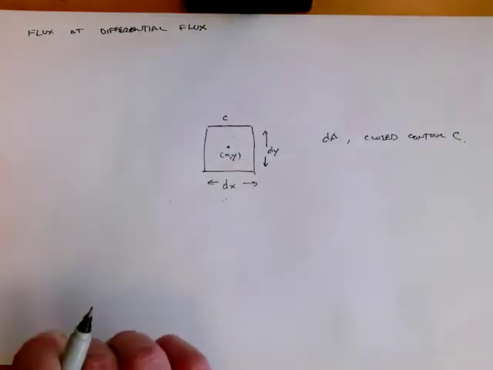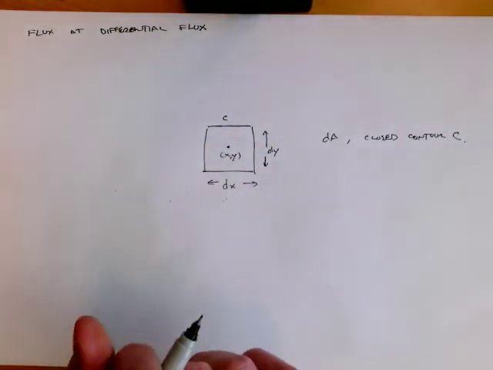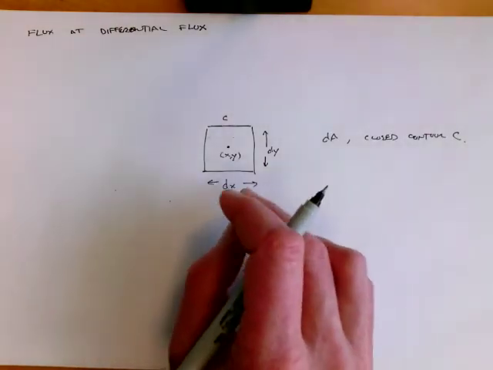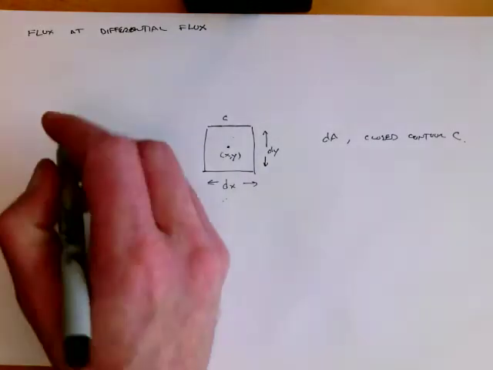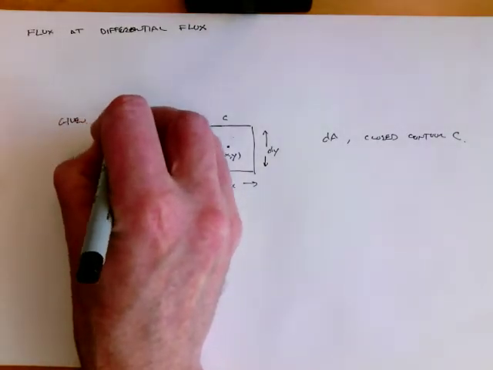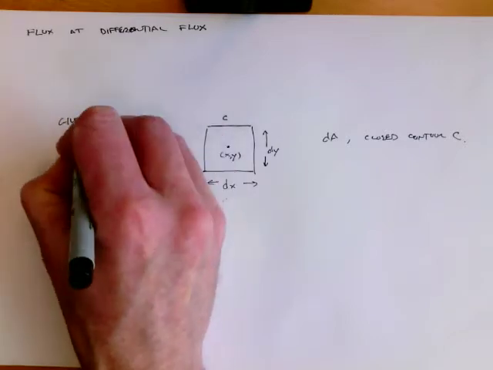Now for this, I'm going to think about this situation where I've got this closed contour and I've got some vector field that I'm interested in calculating the flux of through this closed contour. So I'm given some vector field F, right?